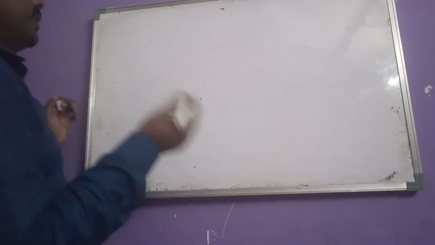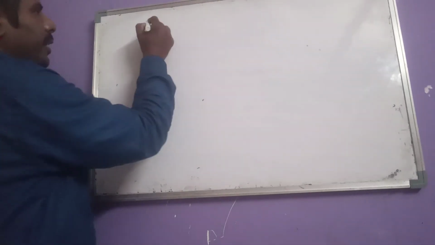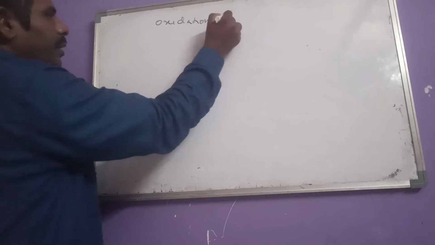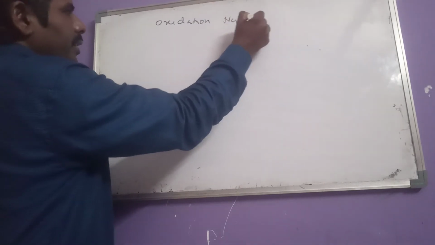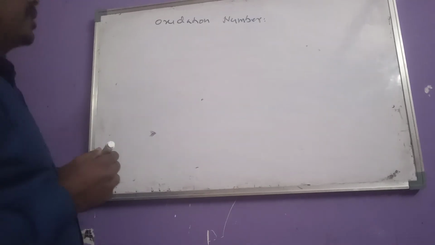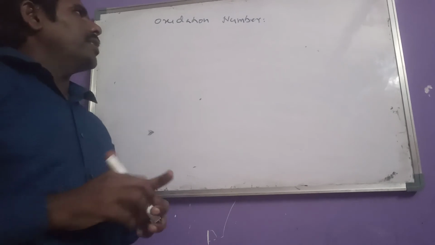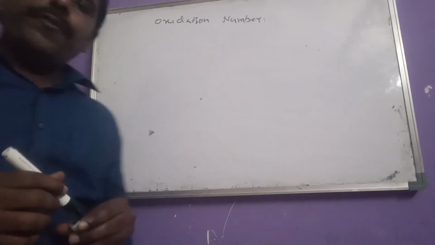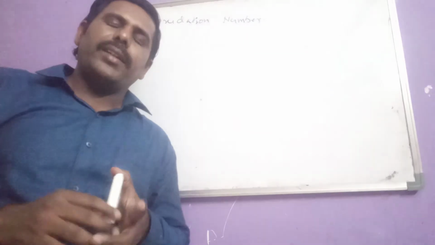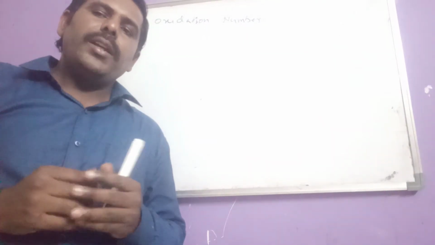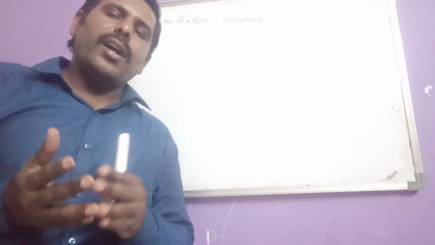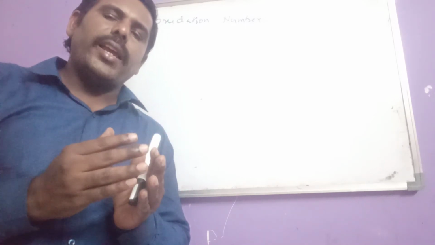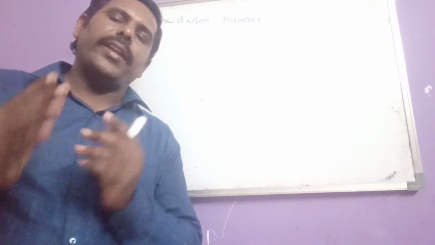Now let us see another important thing here. What is that? Oxidation number or oxidation state. What does oxidation number or oxidation state mean? For example, if you consider any element other than the zero group, they try to lose or gain electrons to get into a stable inert gas configuration.